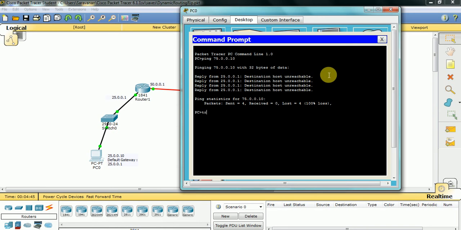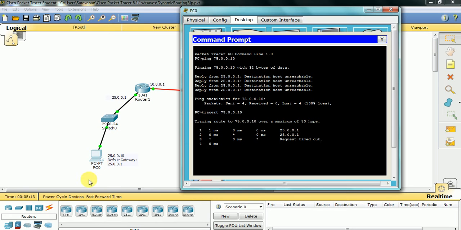Let us see the traceroute command, 75.0.0.10. Since 25.0.0.1 is the default gateway, this 25.0.0.1 can be approached by this PC, and after that it could not communicate to the other end.